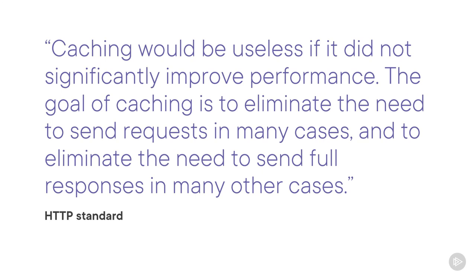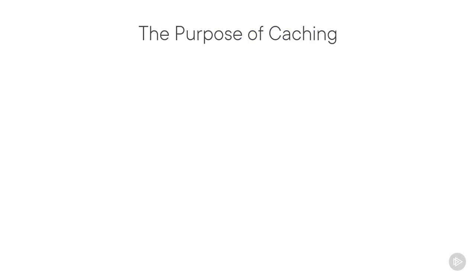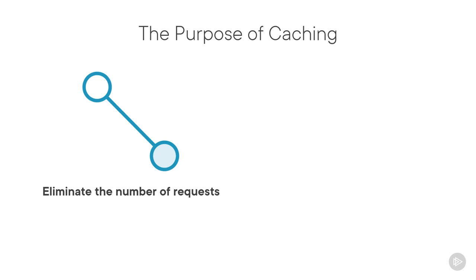It stated that caching would be useless if it did not significantly improve performance. The goal of caching is to eliminate the need to send requests in many cases and to eliminate the need to send full responses in many other cases. Eliminating the number of requests that have to be sent reduces the number of network round trips required for many operations.